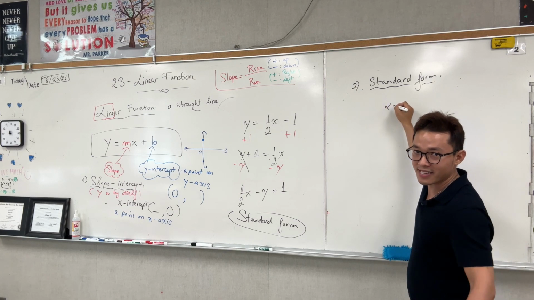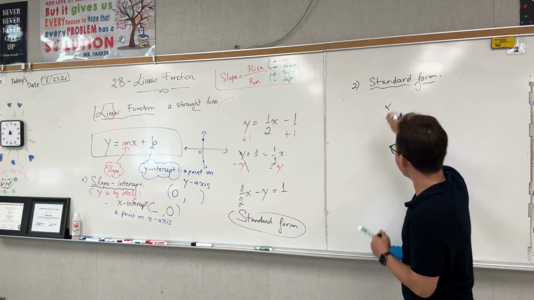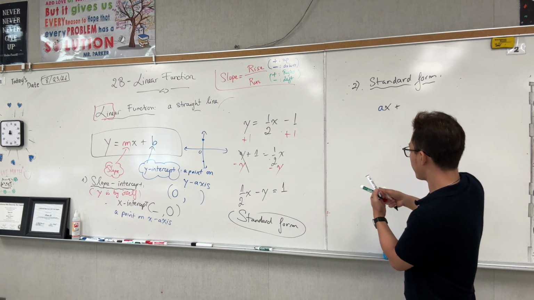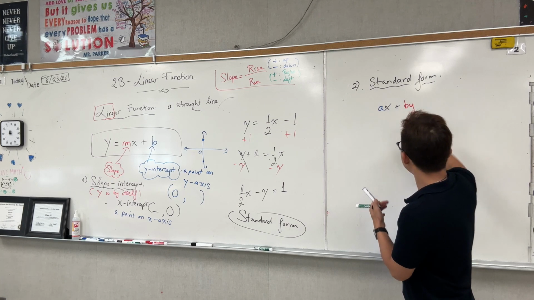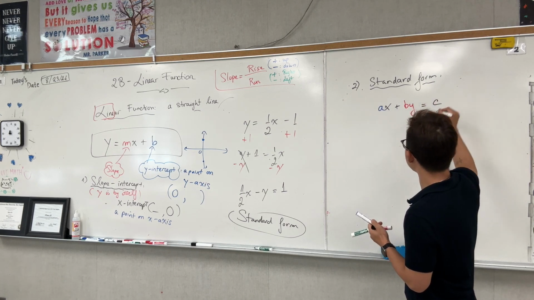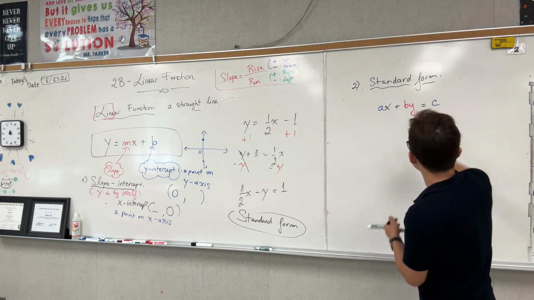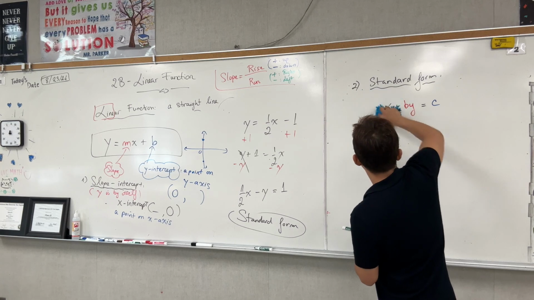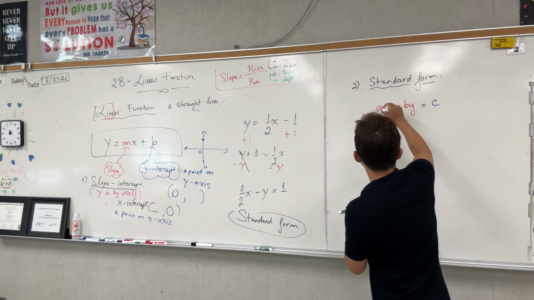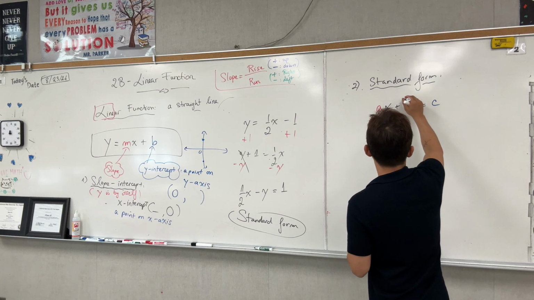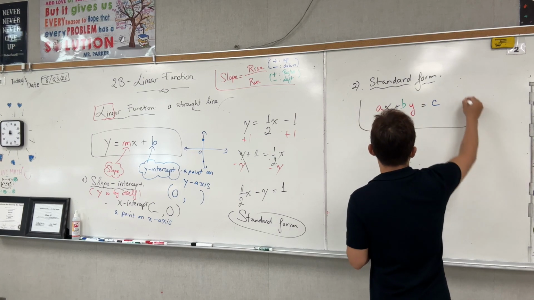Ax plus By equal to C. Let me be consistent with the numbers. That is standard form.